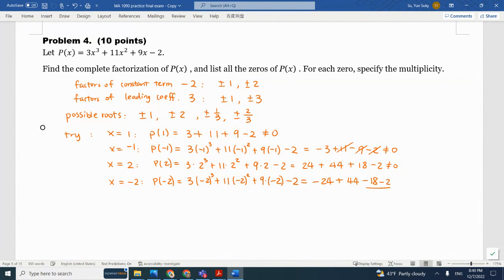Okay, you see? -18 minus 2 is -20. And then minus 24 is -44. And cancel with the 44. We indeed get 0.